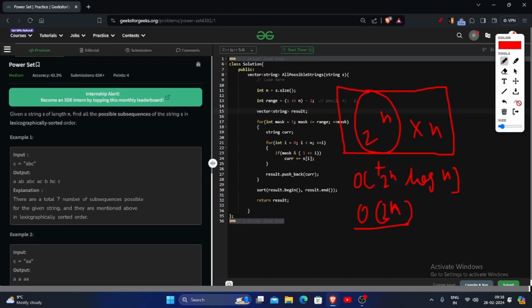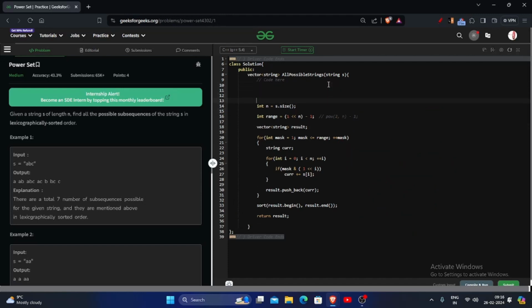So boiled down, if I had to write time complexity, let me mention here only. Time complexity would be an order of 2 raised to the power n cross n plus an order of 2 raised to the power n log 2 raised to the power n. Why?